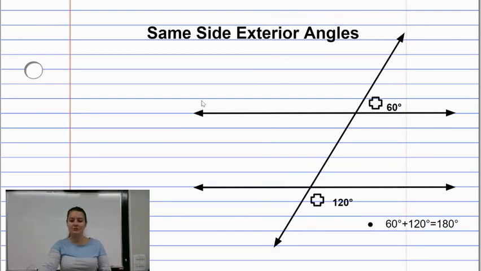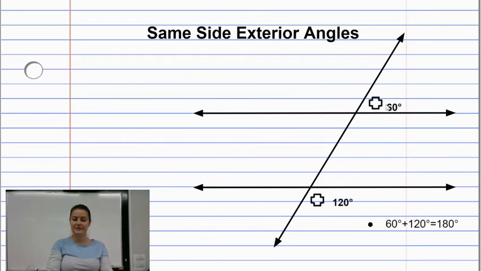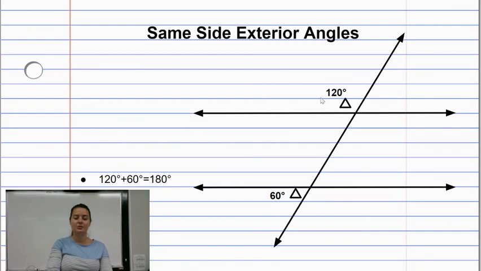So you guys might have noticed from both examples, the angles are the same, just flipped, right? Here's your top angle, 120 degrees. In the next one, 60 degrees. 120 plus 60 is still 180. So you see a couple of different ways, again, that you can get your supplementary angles.